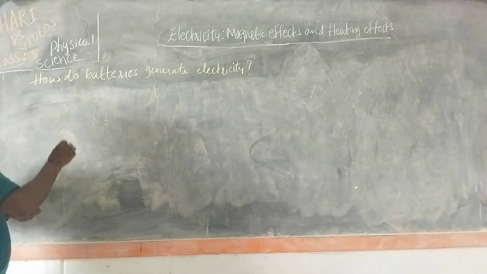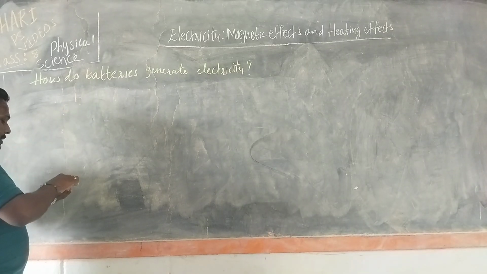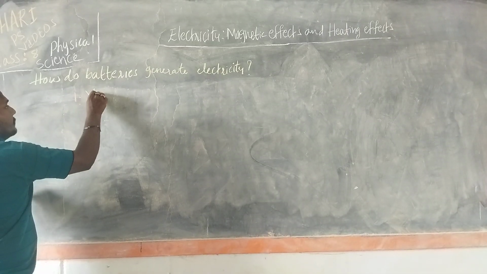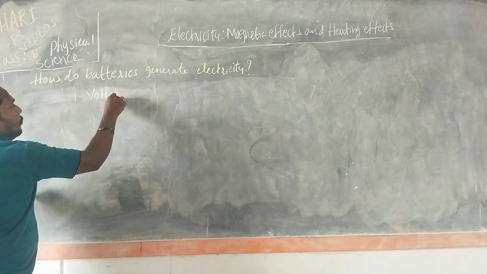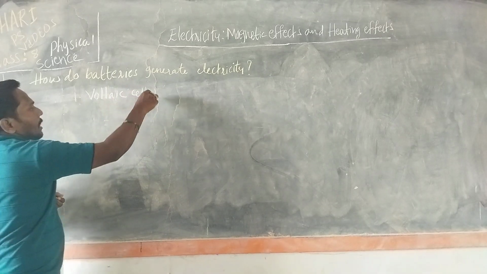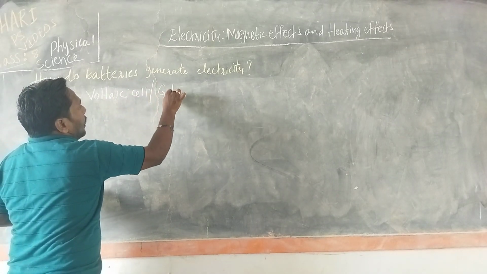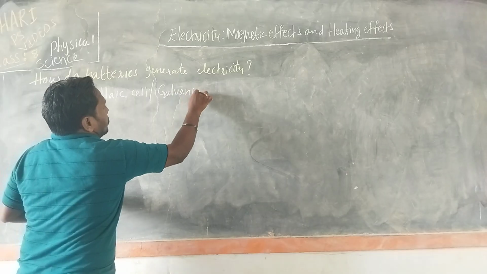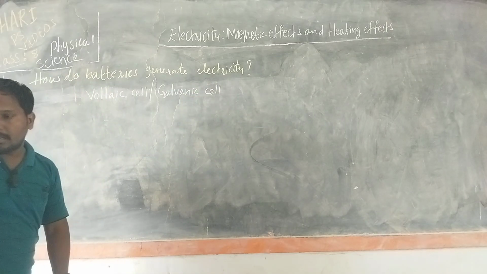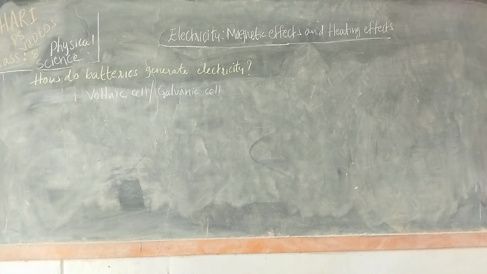So the first cell is the voltaic cell, or galvanic cell.